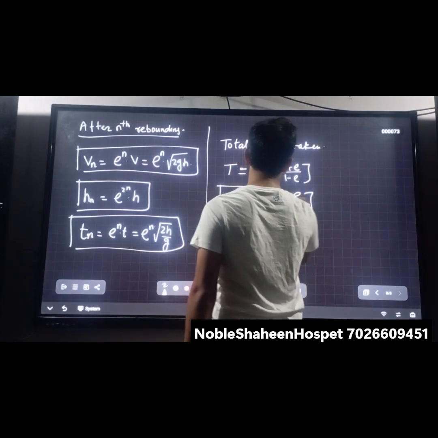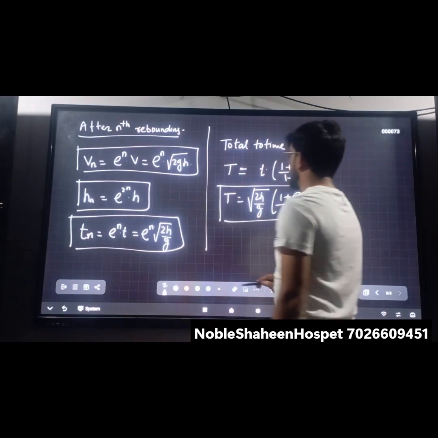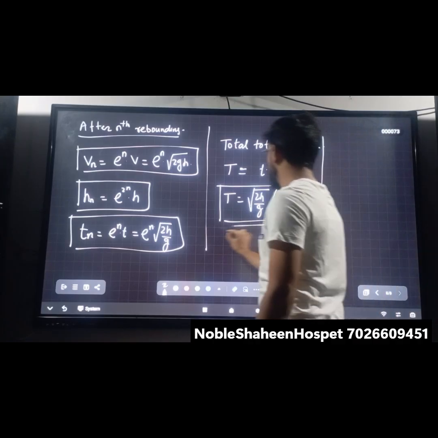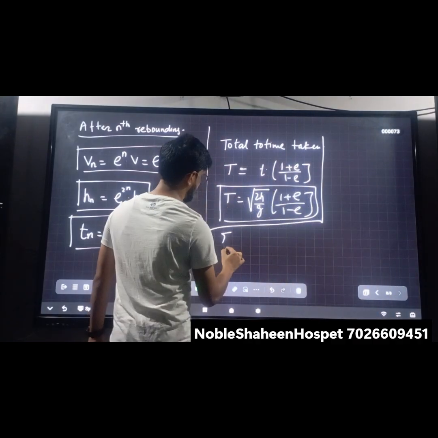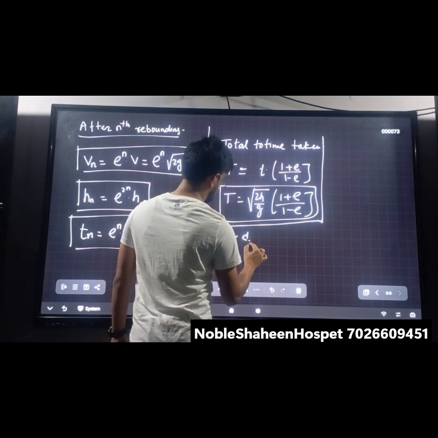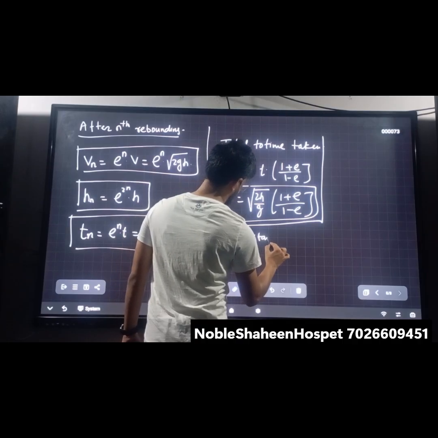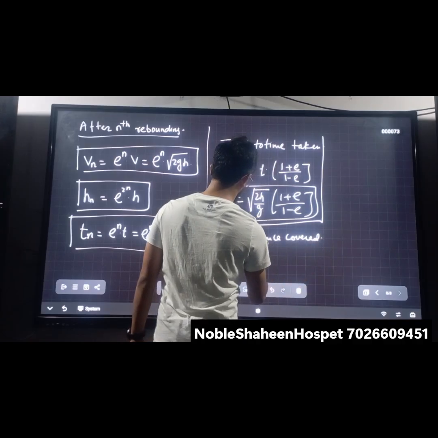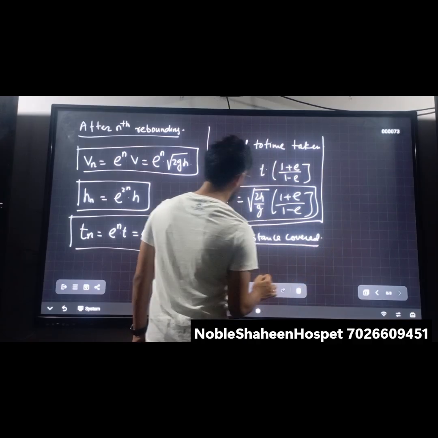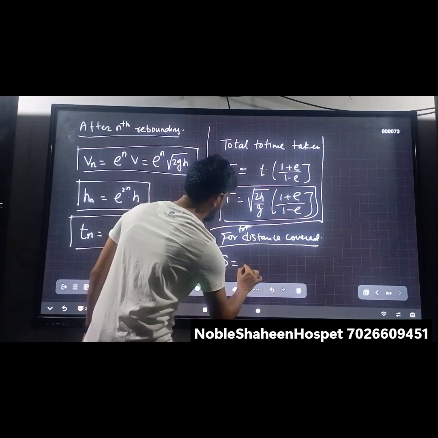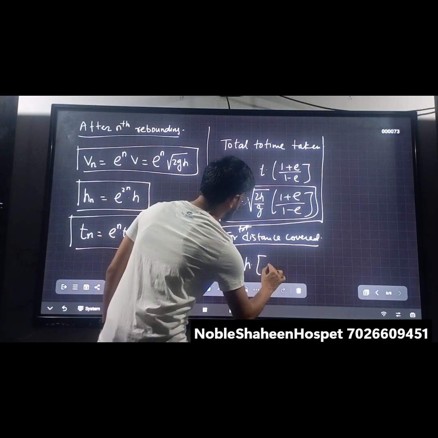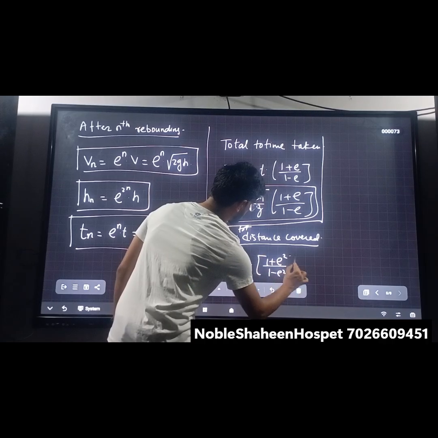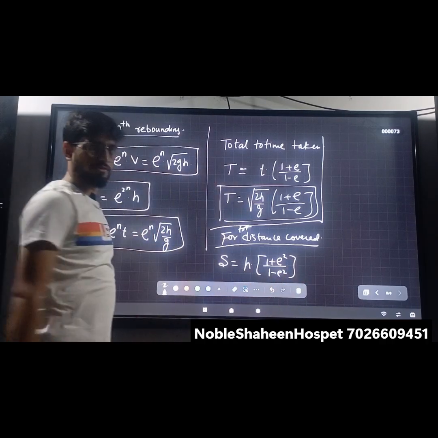This will be the total time taken by the particle before coming to rest. And for the total distance covered, we have the formula s is equal to h into (1 plus e square) upon (1 minus e square). This will be the expression.